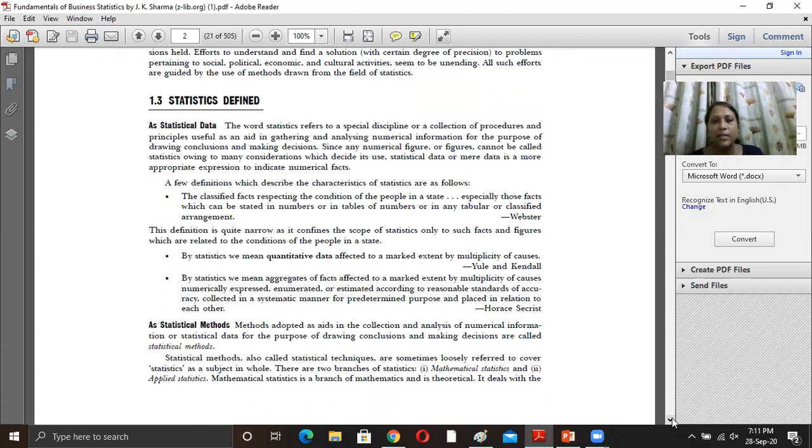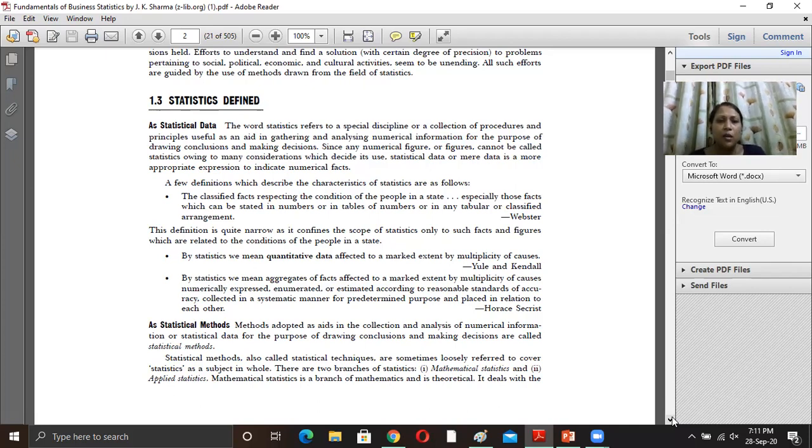The word statistics actually refers to a special discipline or collection of procedures and also collection of data, and after collecting the data, analyzing numerical information for the purpose of drawing conclusions and making decisions. Since any numerical figure cannot be called statistics owing to many considerations, statistical data or mere data is a more appropriate expression to indicate numerical facts.